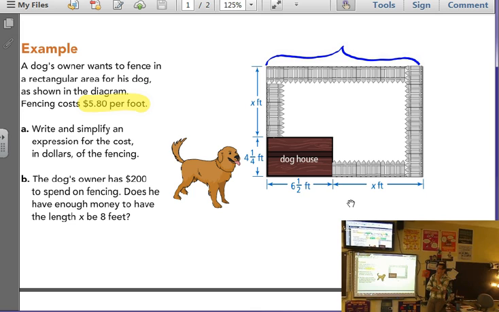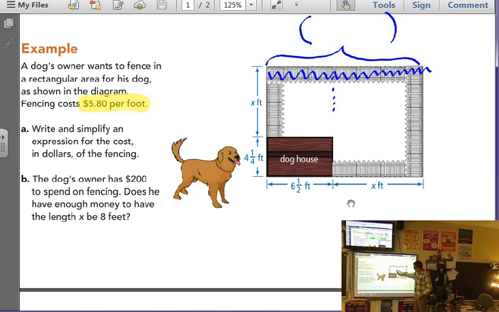What expression would that be? Well, when we're looking at this length, what portion of it do we know? Yeah, we know the 6.5.